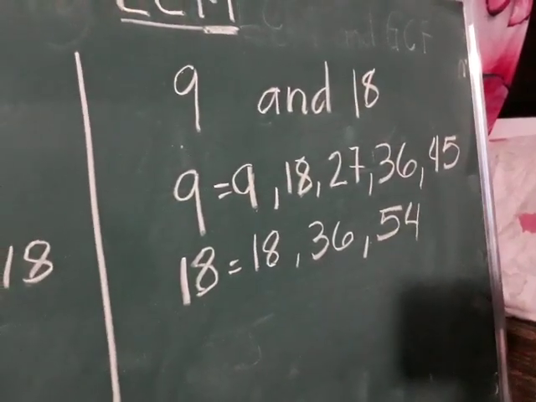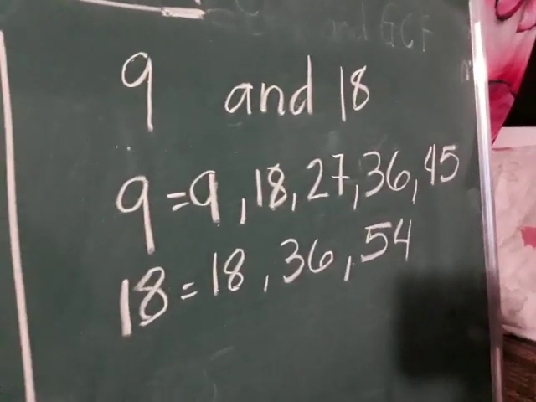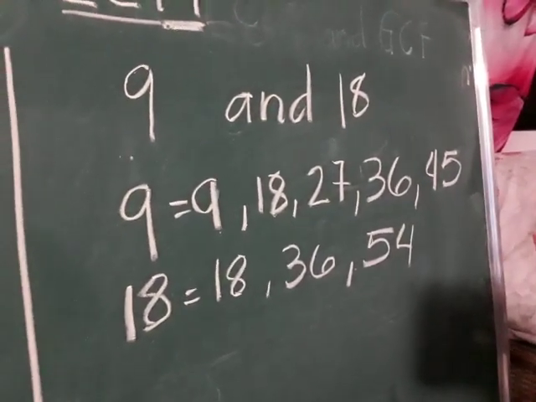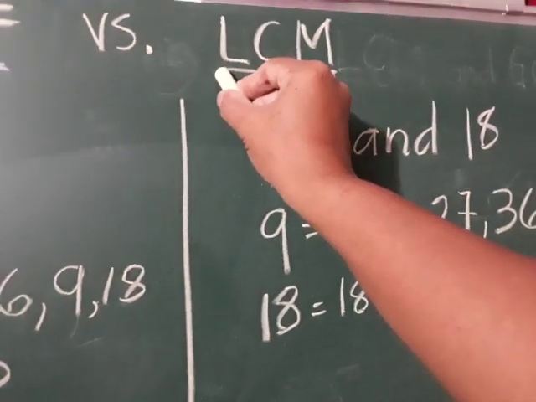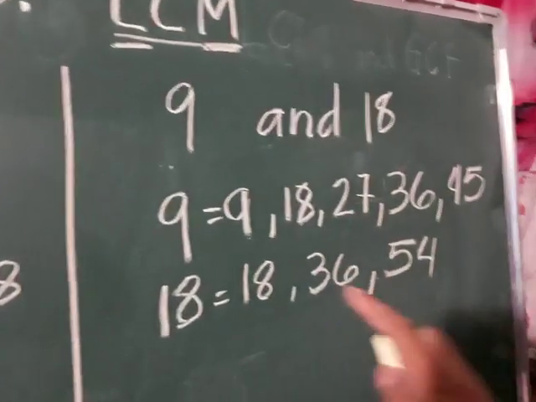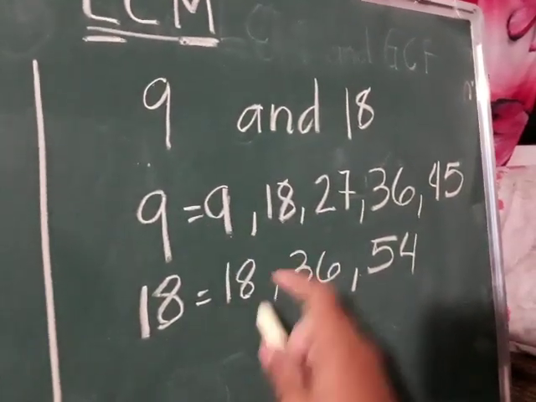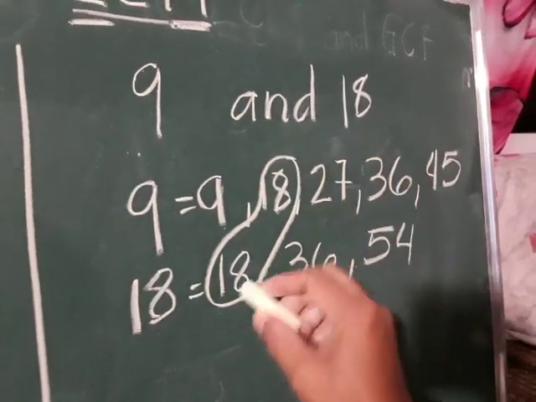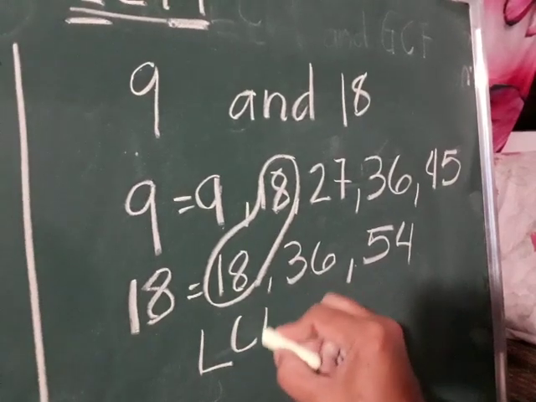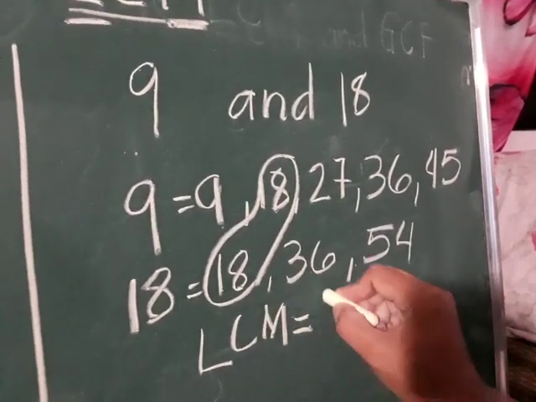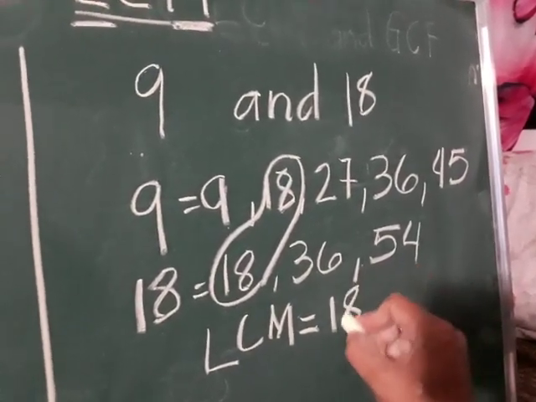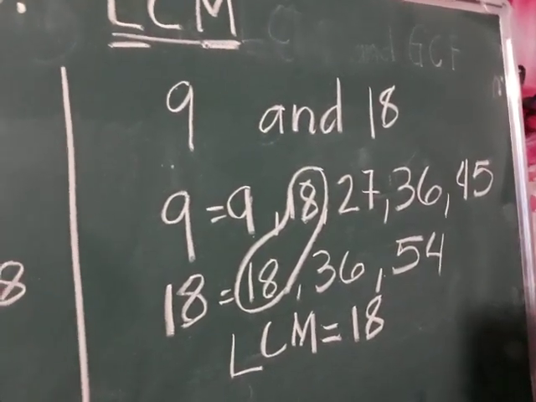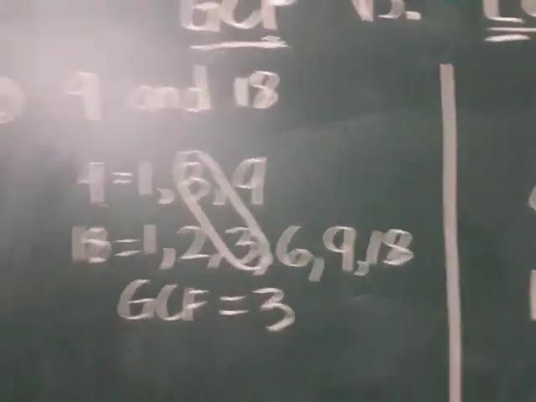Okay, that's it. Since we have already a common multiple, okay, least meaning the smallest, we have already common here, which is 18. So our LCM is equal to 18.